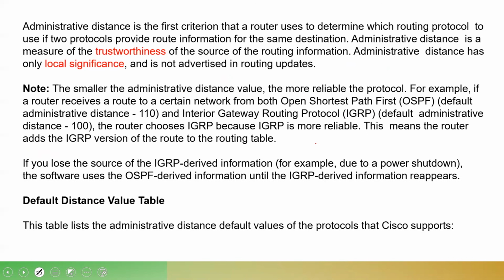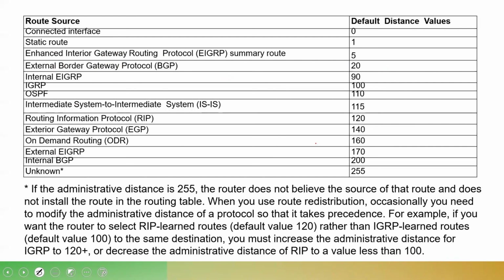If we have two different protocols and, suppose I am a router getting the same route from two different protocols, as per the lower AD value, I will trust the lower AD value route. Suppose I am learning a route via ISIS, whose AD value is 115, and via RIP, whose AD value is 120.